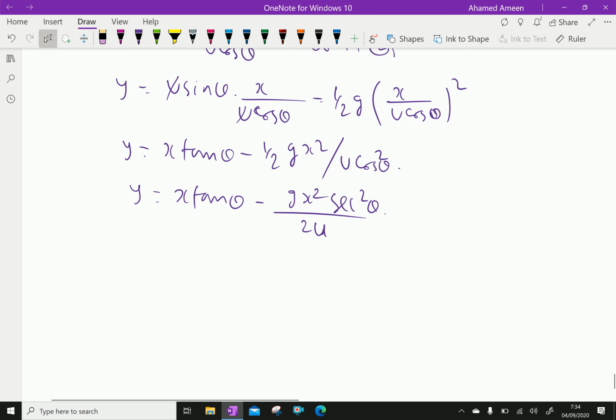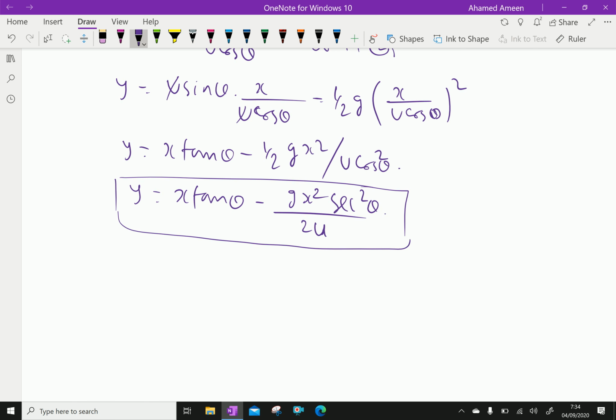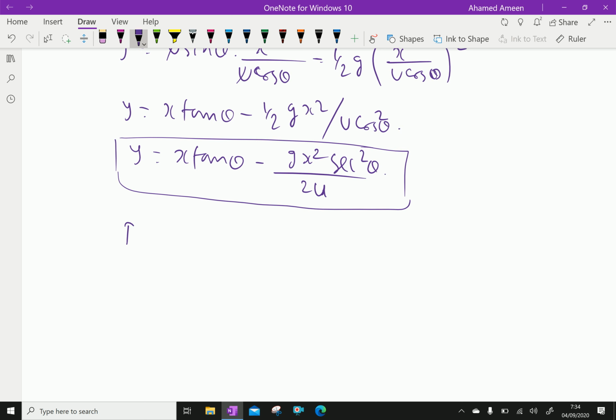Now this is the path of the water jet, which is a parabola. Therefore, the path of the jet is a parabola.